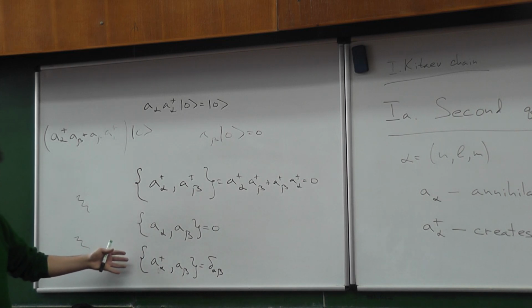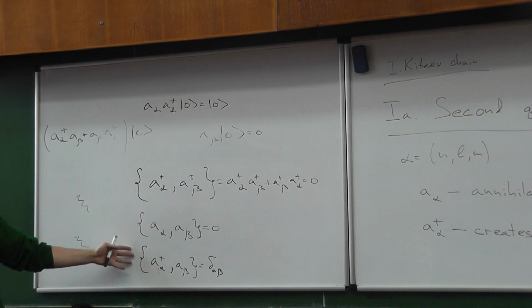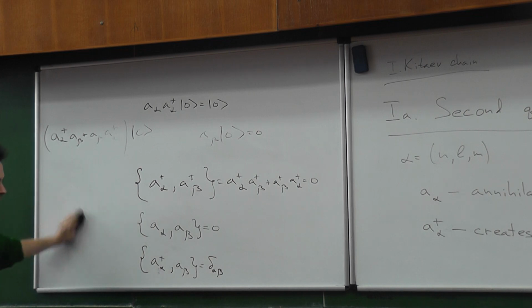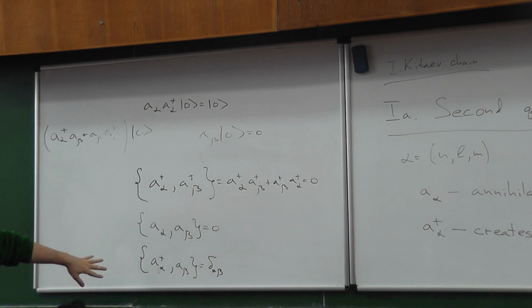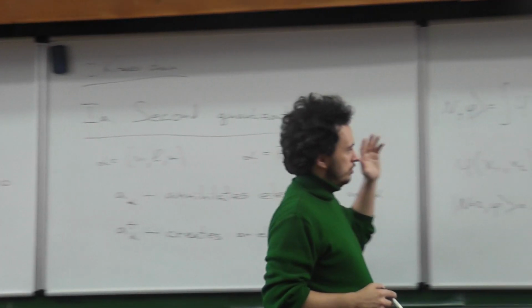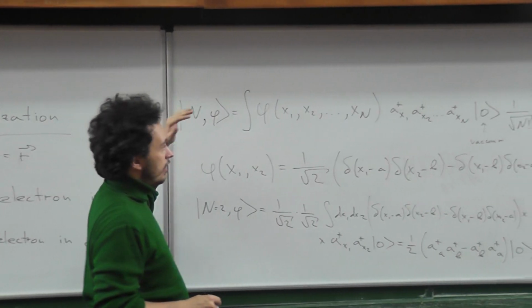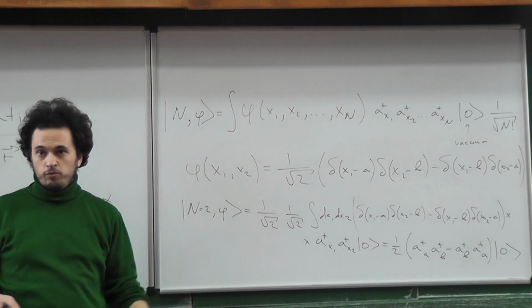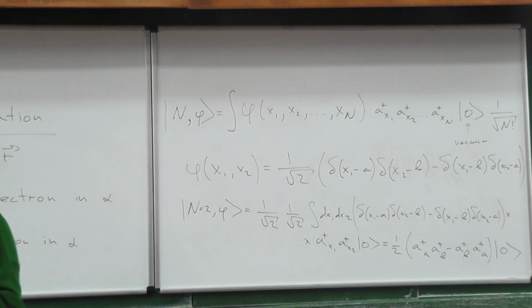And this follows from this identity. So, in principle, all you need to know to work with second quantization are these three identities. And you need to know, but we won't really use that, how many electron states are represented in terms of their wave function in second quantization.